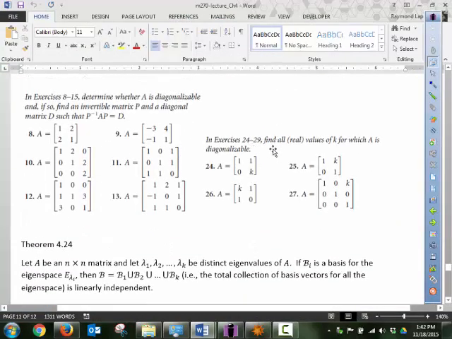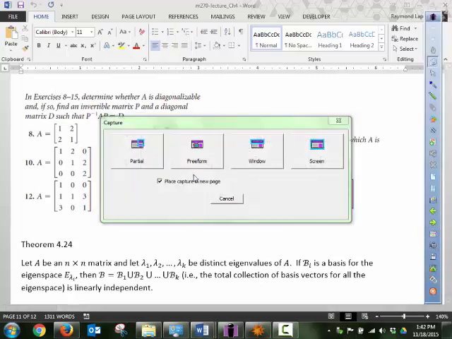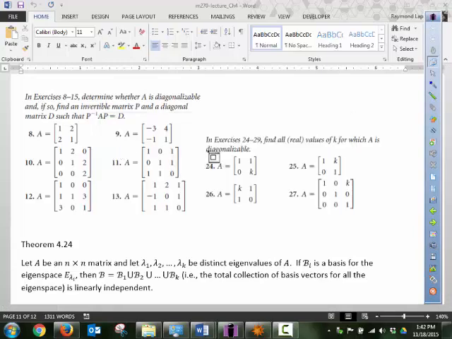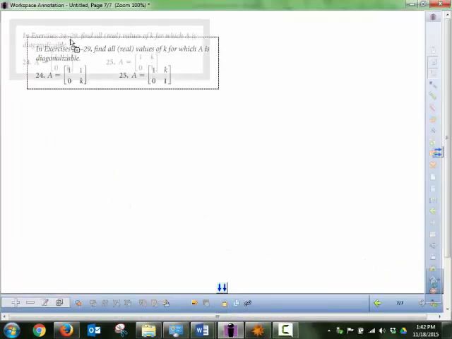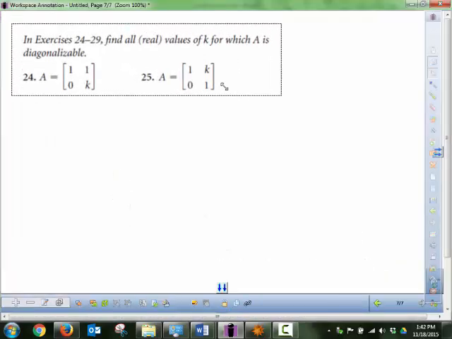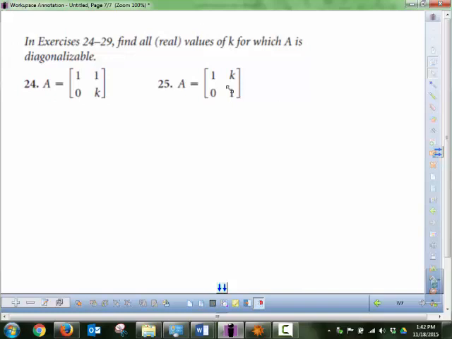Here you go. It says find all real values of k for which A is diagonalizable. So let's do one or two of these. Let's start off with 24. I wanted to capture the instructions here. So k is some unknown value.